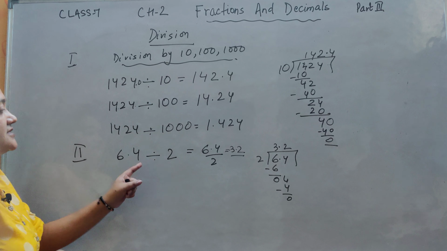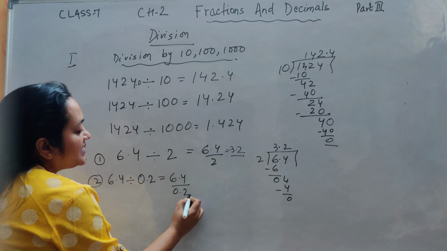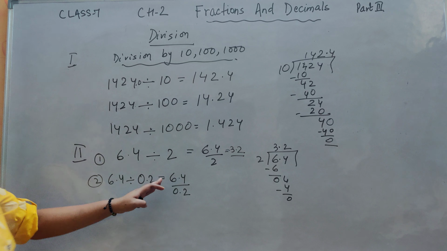What if it's 6.4 divided by 0.2? First we will write it in the form of numerator and denominator. Now we can't divide a decimal number by a decimal number. In that case we will have to remove the decimal from the denominator. How can we do it? If I multiply 0.2 by 10, then this decimal can be easily removed.